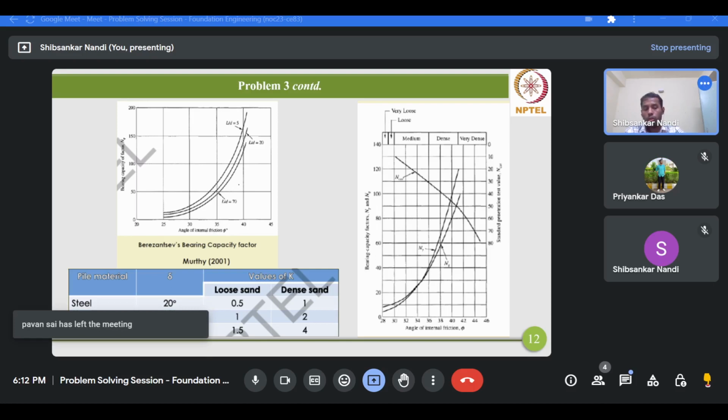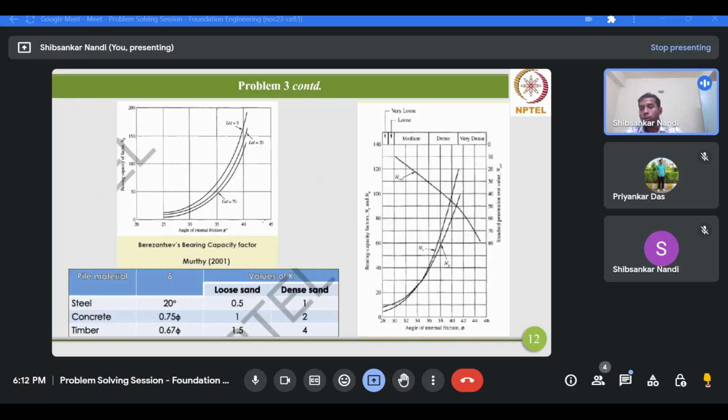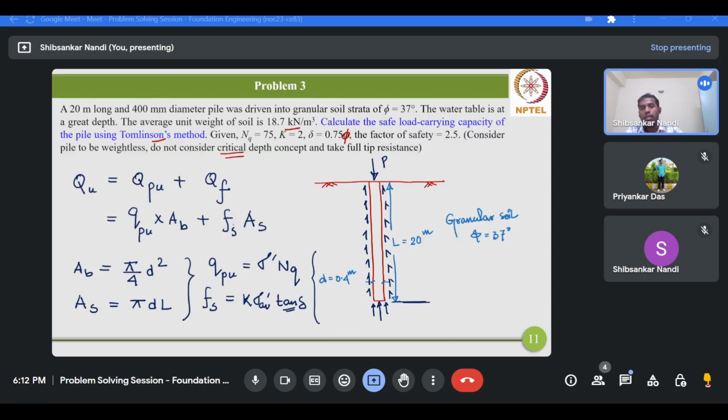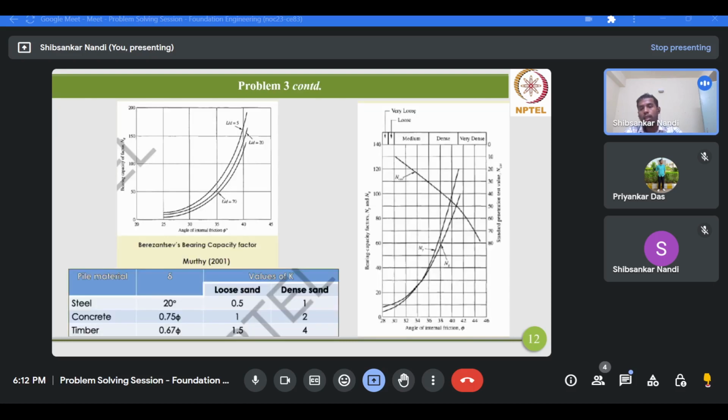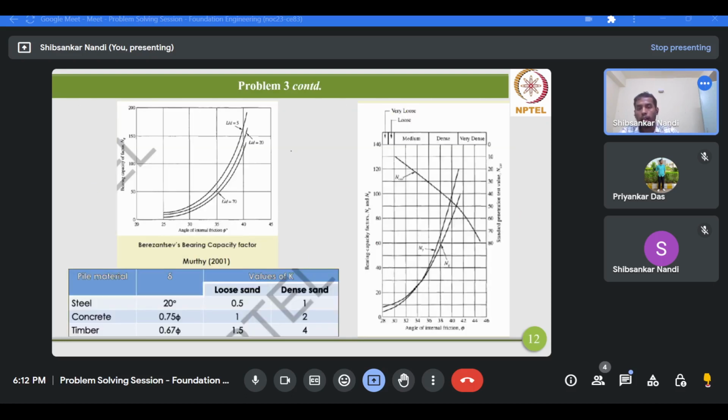So L by D ratio you know, because L is 20 meter and D is 0.4 meter. So you can easily calculate the L by D ratio. You know the angle of internal friction, it's 37 degree for this problem. So therefore you can easily calculate this bearing capacity factor. So if you calculate, I hope this value should match with the value given in this problem, 75. Okay, so we can basically give a try.